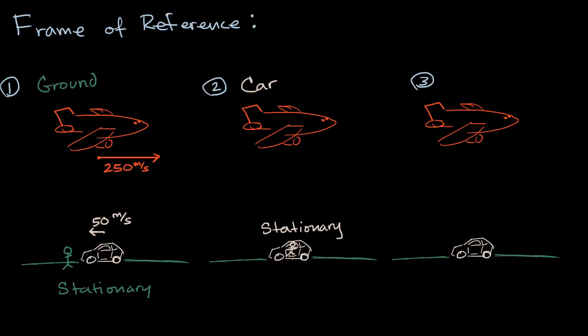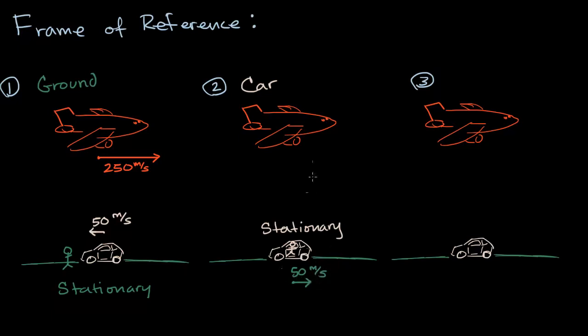You would see the trees move past you to the right, or behind you if you're moving to the left. And so from your point of view, the ground would actually look like it's moving in that direction at 50 meters per second. It would look like it's moving behind you, or in this case, the way we're looking at it, to the right at 50 meters per second.